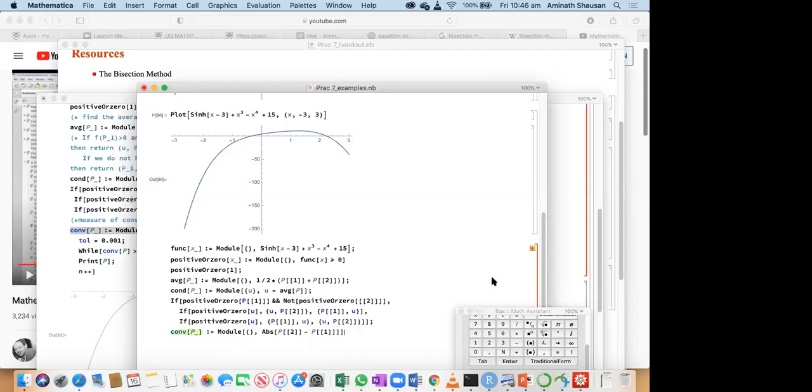Okay, did you guys get an error here, in this step? I think I missed one bracket in the previous one.